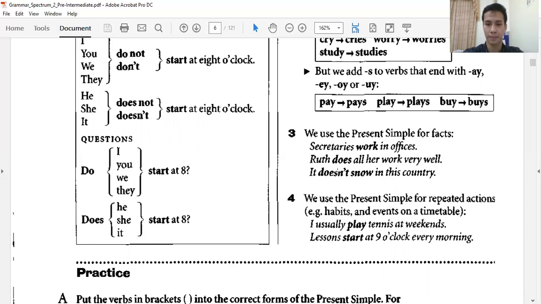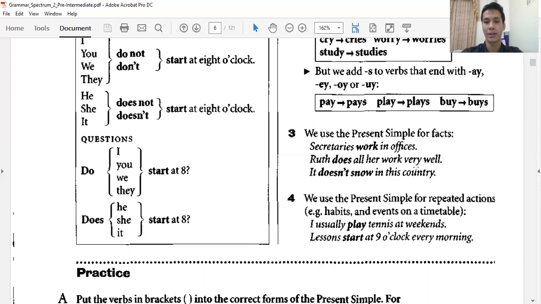Next one, it doesn't snow in this country. For example, in our country, in Cambodia, there's no snow. It's fact, right? And then we can say it doesn't snow in this country. So when we use it with something that is fact, we refer to present simple. Normally we use it with the fact.